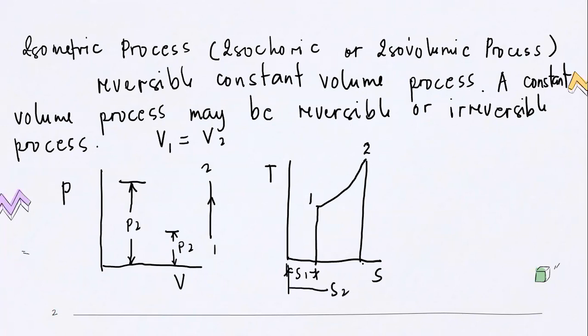This is your S2. Okay, again, under the pressure volume diagram, as the pressure increases or decreases, the volume remains constant, while under the TS diagram, as the temperature increases, the entropy also increases. Your S here is entropy, T is the absolute temperature, P is the pressure, V is the volume.